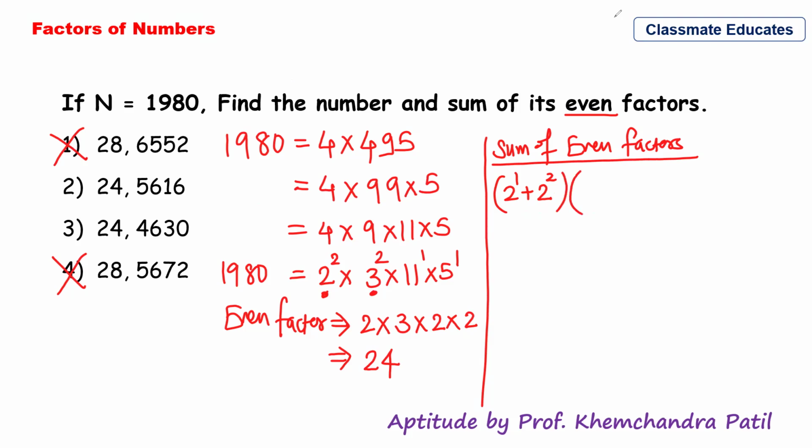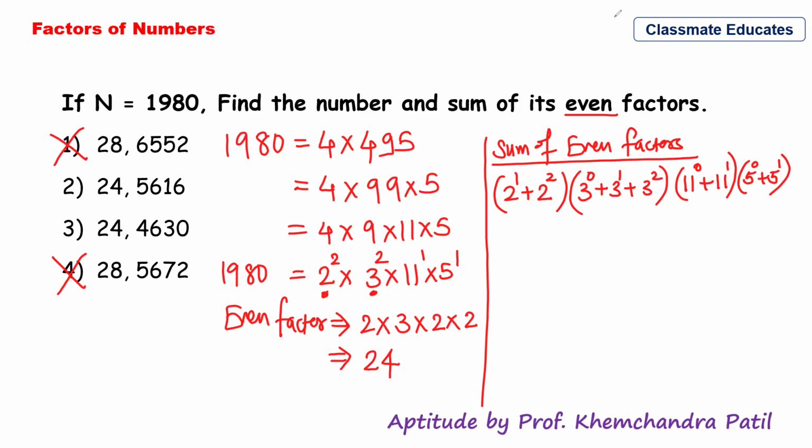Now take all the powers of 3, that is 3 raised to 0 plus 3 raised to 1 plus 3 raised to 2, multiplied by 11 raised to 0 plus 11 raised to 1, multiplied by 5 raised to 0 plus 5 raised to 1. Now let us figure this out. 2 raised to 1 is 2 and 2 raised to 2 is 4.